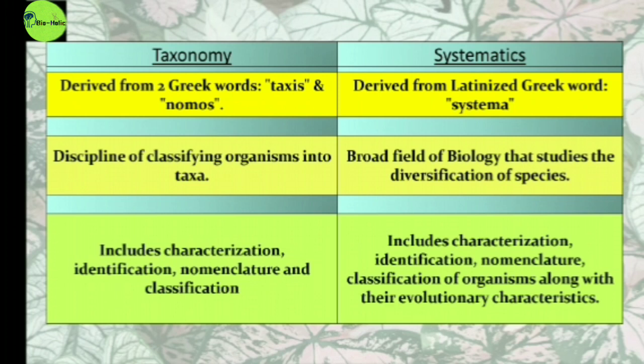And taxonomy includes characterization, identification, nomenclature and classification, whereas systematics includes characterization, identification, nomenclature, classification of living organisms along with their evolutionary characteristics.